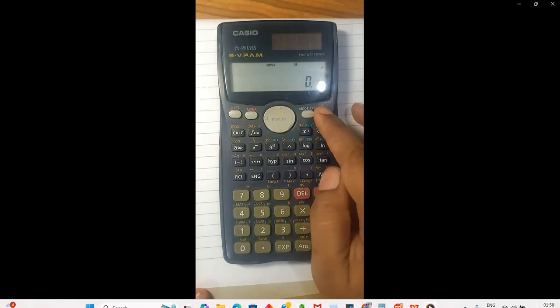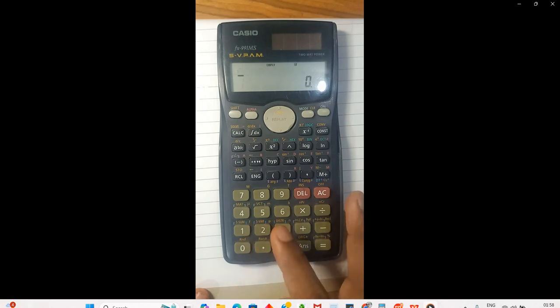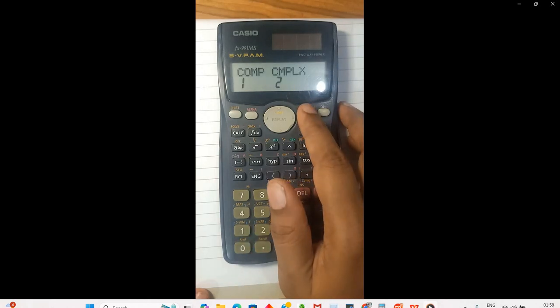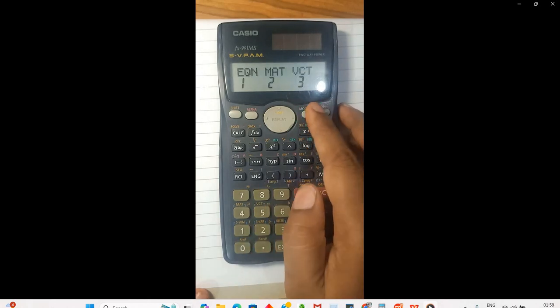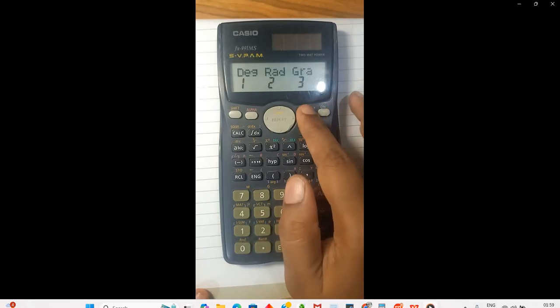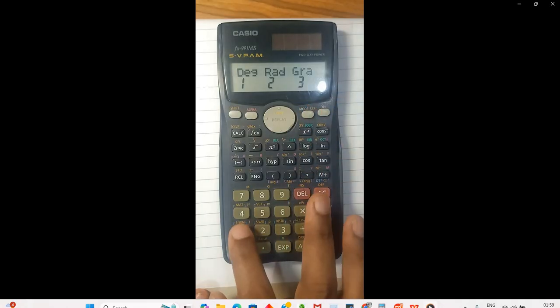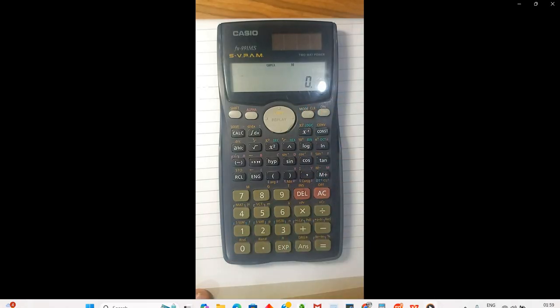So now first you have to go to the mode. You have to change the mode to complex. Then again go to the mode and choose whether you want the angle in degrees or you want the angle in radians. So here I want the angle in degrees. I will press on 1. Okay, now it is set.